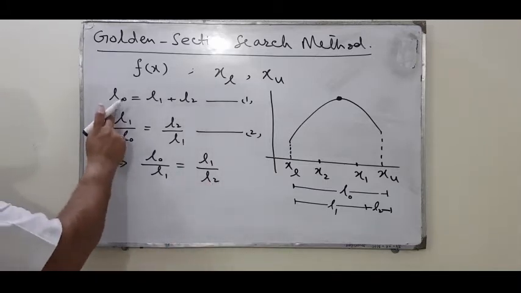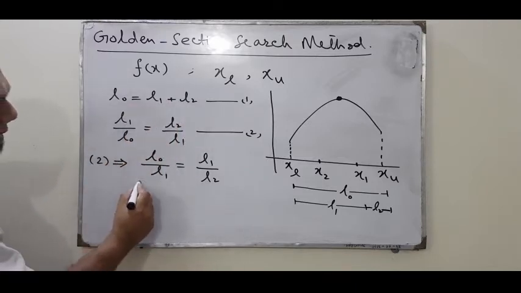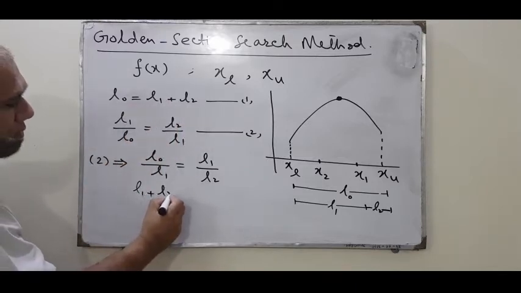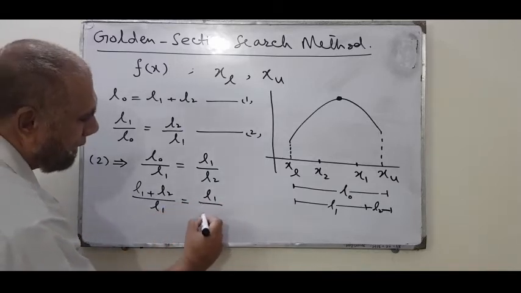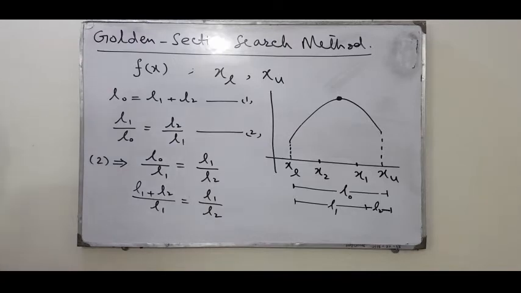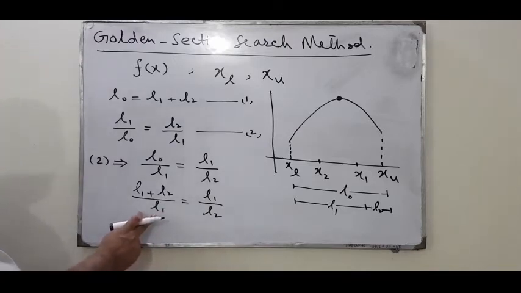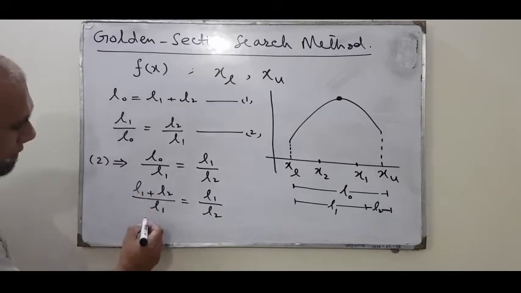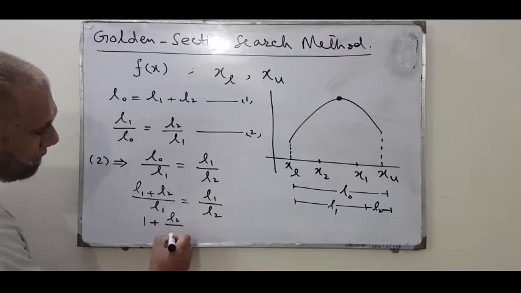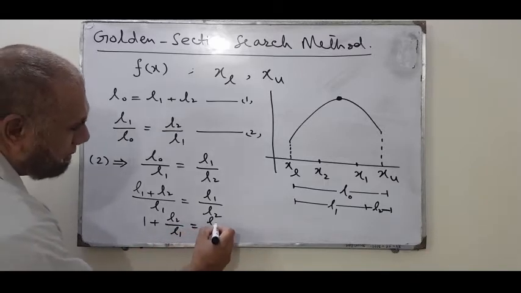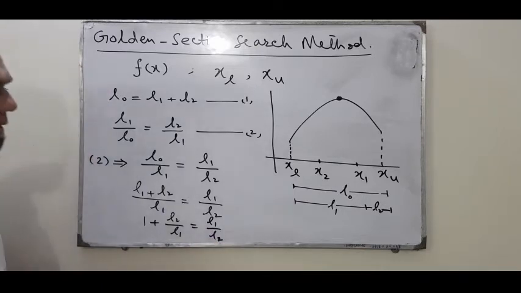And from equation number 1, we can replace the value of L0, so we get L1 plus L2 over L1 equals L1 over L2. After this, we can divide the numerator by L1. So the first term gives you 1 and the second gives you L2 over L1, and on the right side there is L1 over L2.